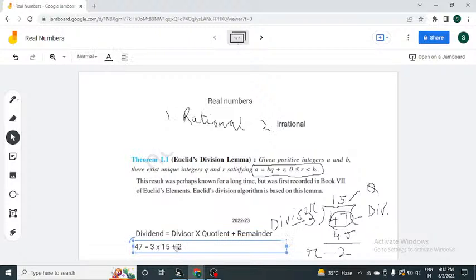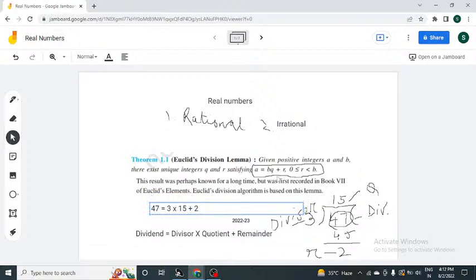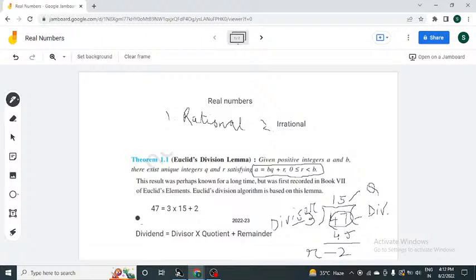So now let us do one thing. Let's compare this with the lemma. If you see, A is 47, so let us quickly write down the values of A, B, Q and R. Here the value of A would be 47, and B is 3, the divisor.